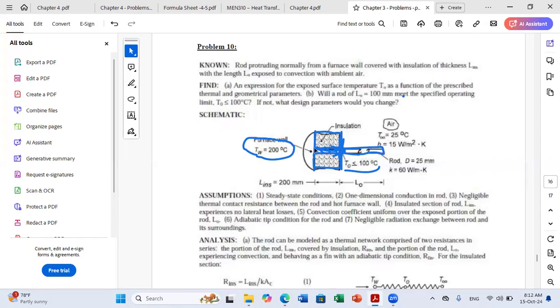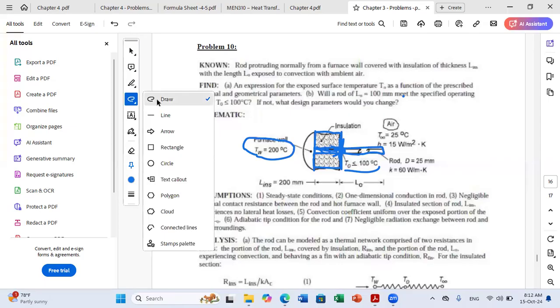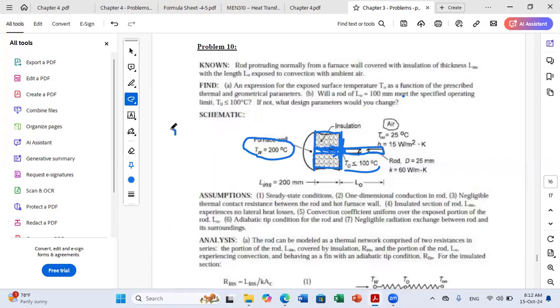You have only conduction, so in the insulating part, we can say that Q conduction is equal to the conductivity of the material times the cross-sectional area of the fin.